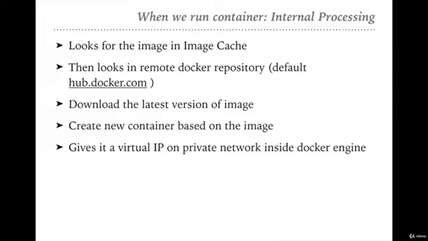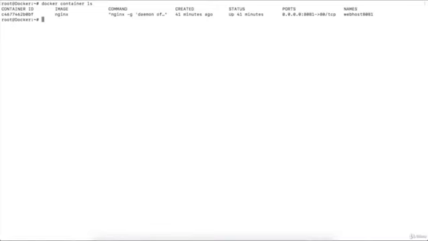So here is my terminal and I'm inside my Docker machine. I will execute the command docker container ls. Here is the container, the image which it is executing, the command which Docker is executing, created 40 minutes ago, and the ports.